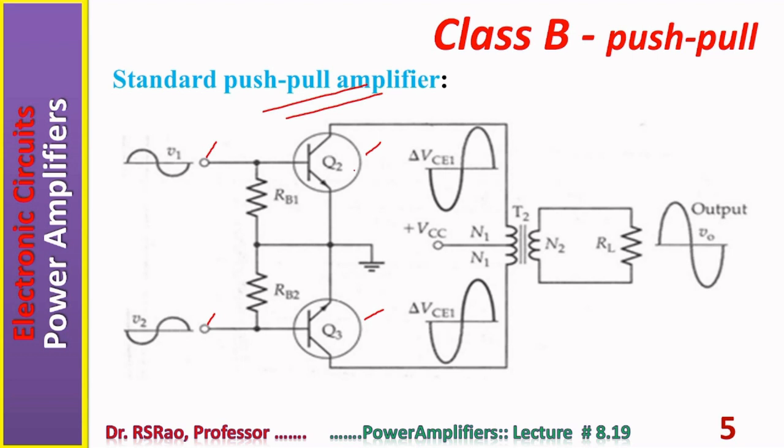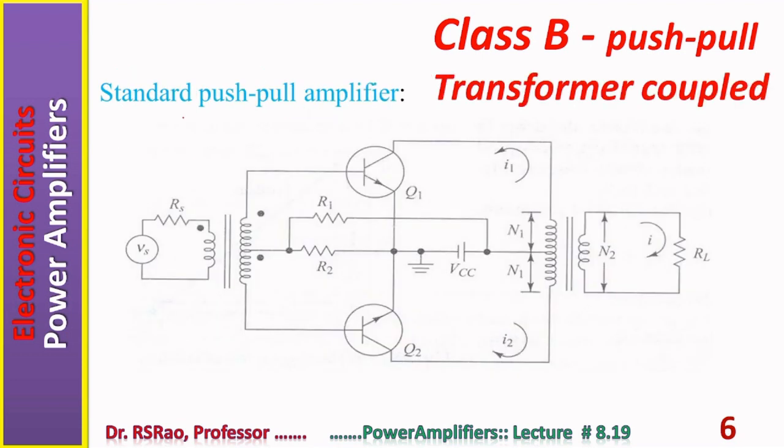The outputs of Q2 and Q3 are connected to the primary of a transformer. Load is connected to the secondary of the transformer. You can see that output is a complete cycle. Standard push-pull amplifier.